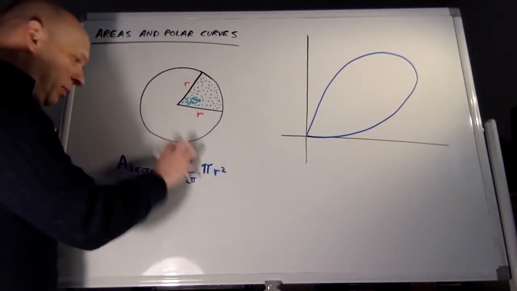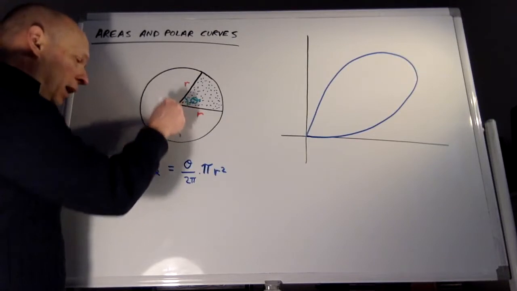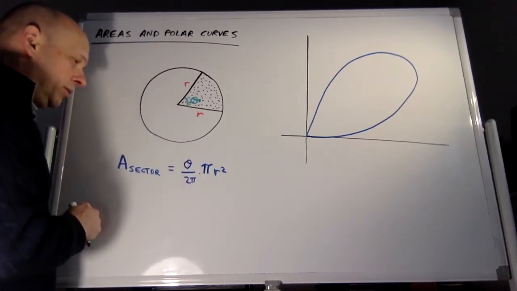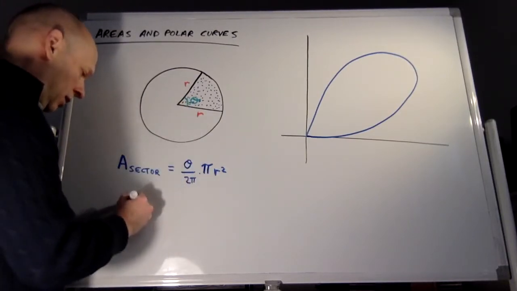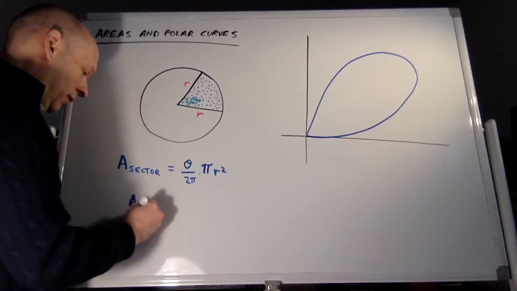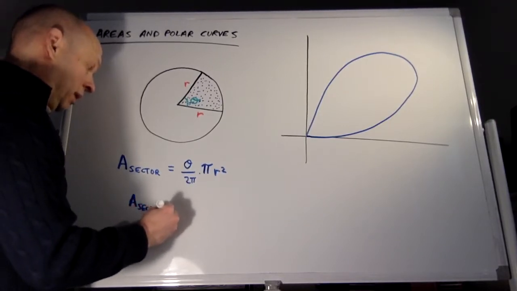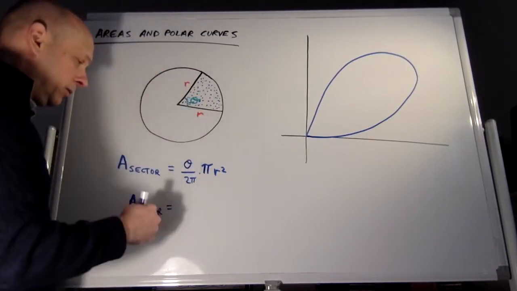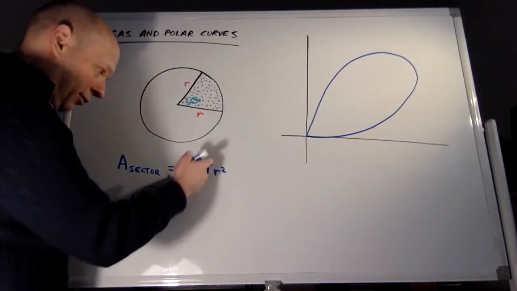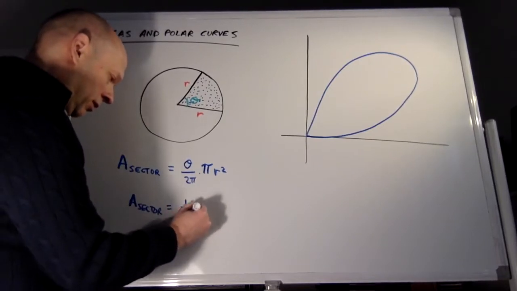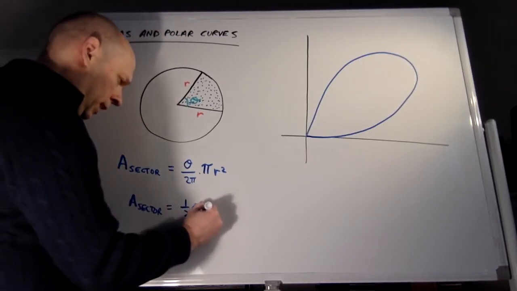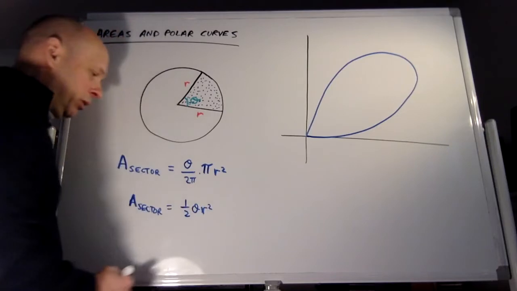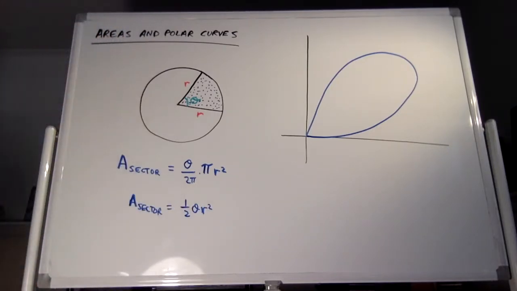And of course, the pi's cancel. The formula for the area of a sector, the area of a pizza slice within your circle, is just 1/2 theta r squared. Again, a formula you may or may not have been familiar with, but you could easily figure out.